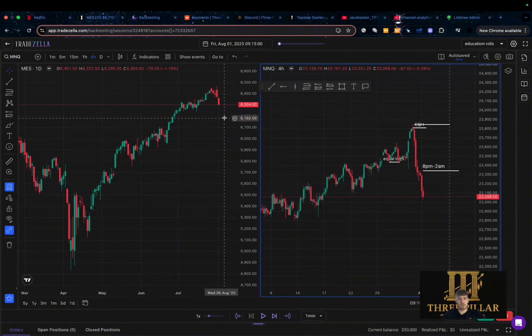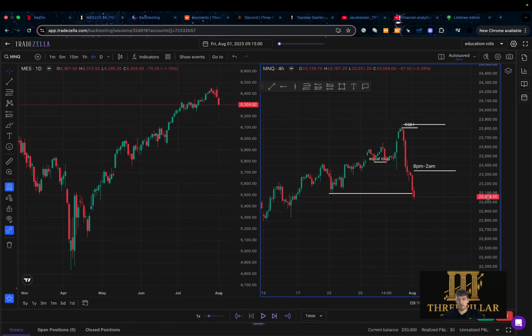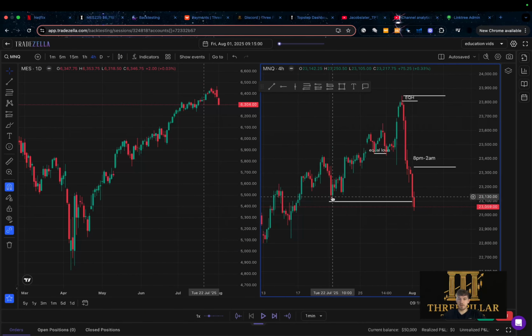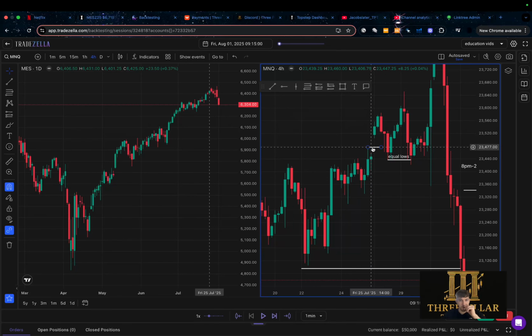That's the lowest point there. So you can see that we've actually taken the previous weekly low there. And then you do the same again. From that Monday to that Friday, the highest point in price for that week would be here. So that's your previous week high, and that's your previous week low.